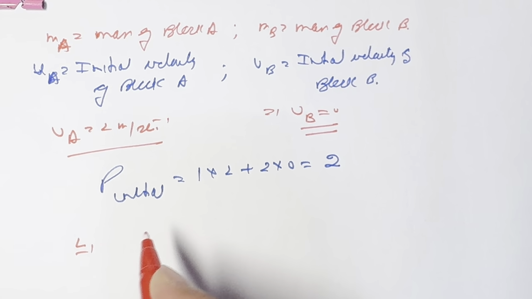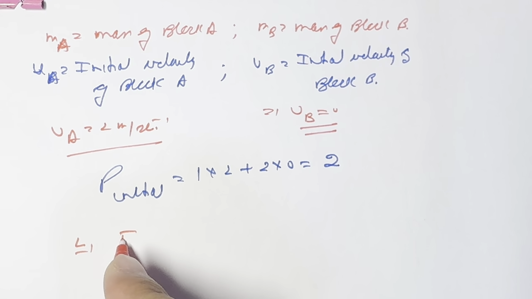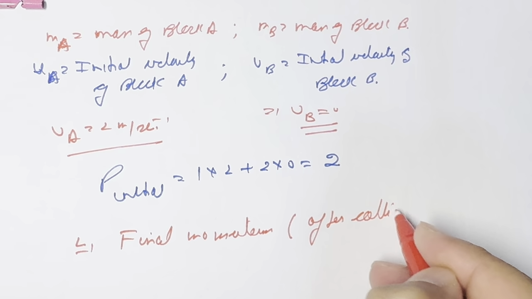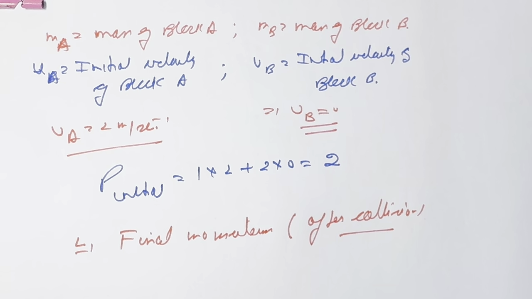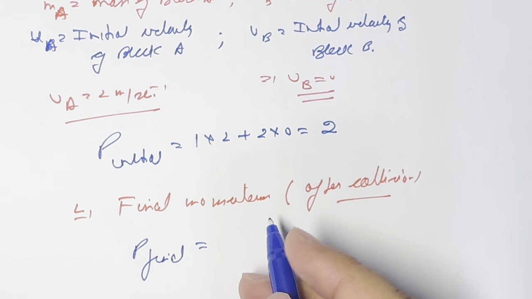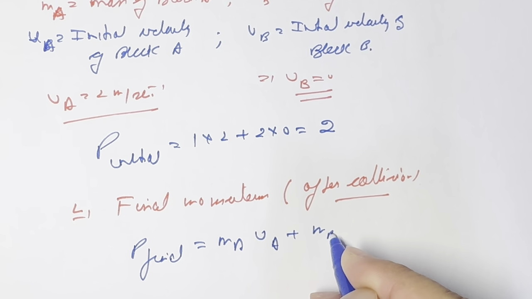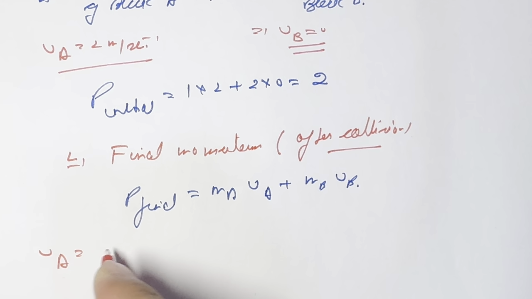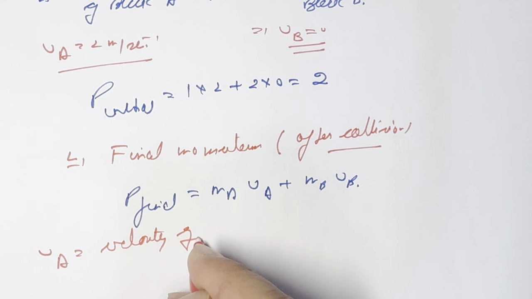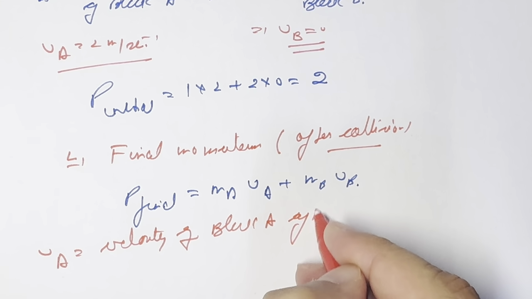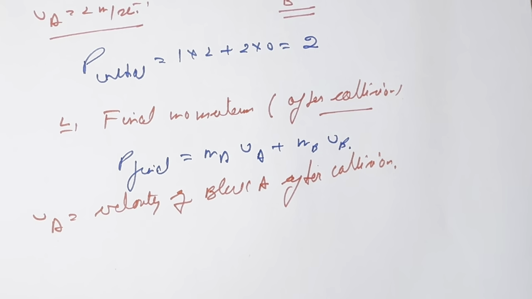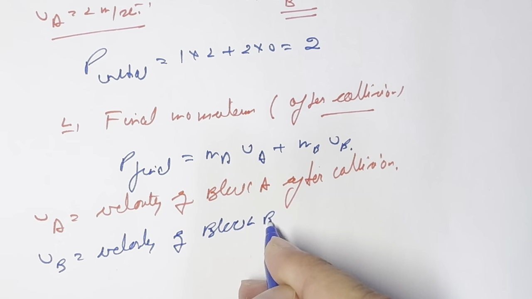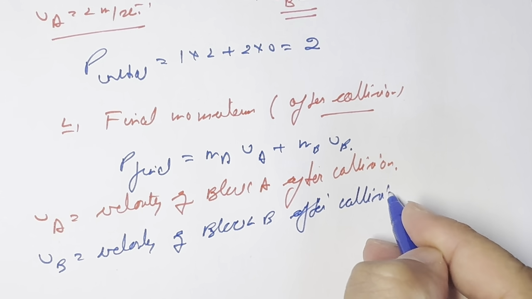Now let's find the final momentum, that is, after collision. P final will be equal to MA VA plus MB VB, where VA is the velocity of block A after collision, and VB is the velocity of block B after collision.